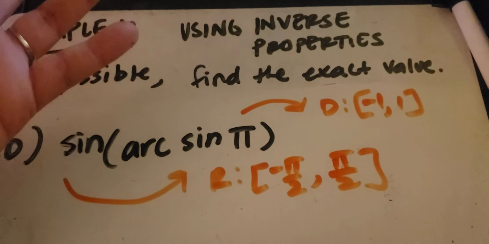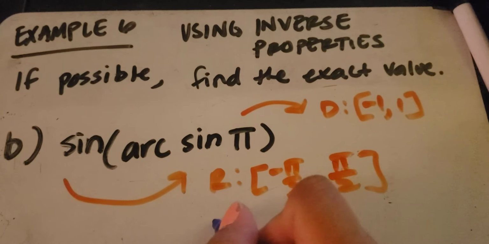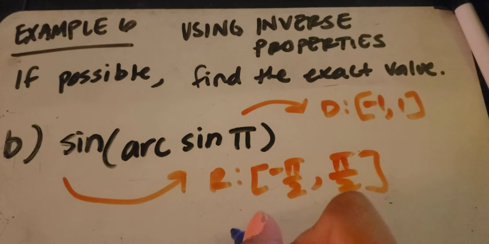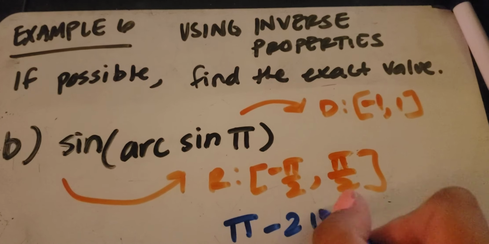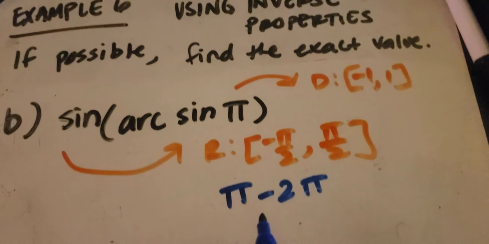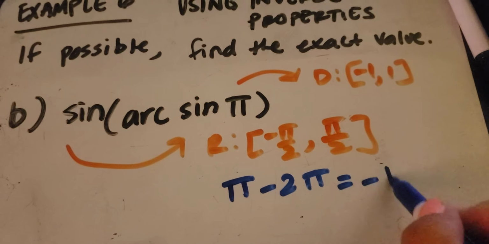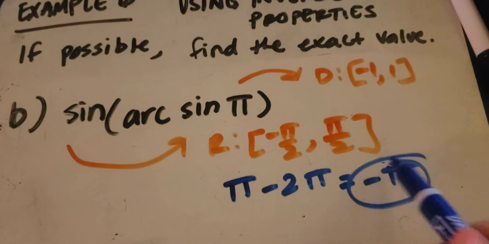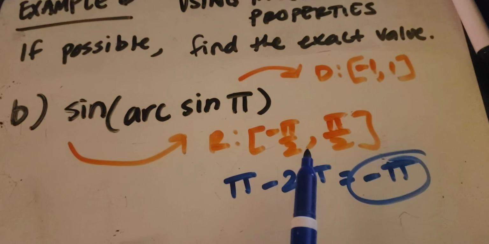Now going back to the previous example, if I want to take the coterminal angle, I would do the same thing that I did earlier, pi minus 2 pi. And if you take pi and subtract 2 pi, you end up with negative pi. And guess what? Negative pi is still outside of the range.